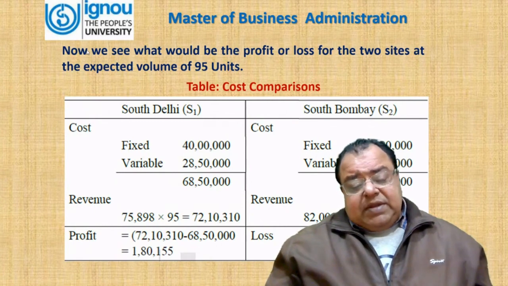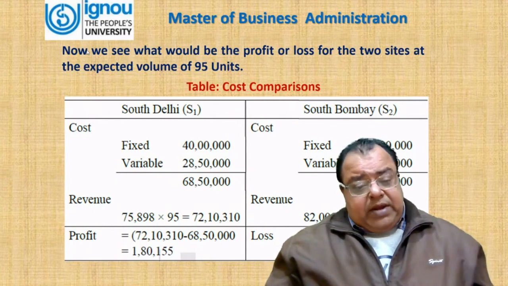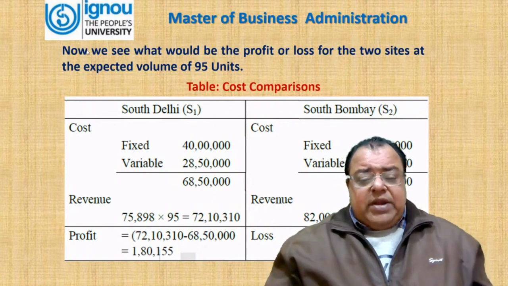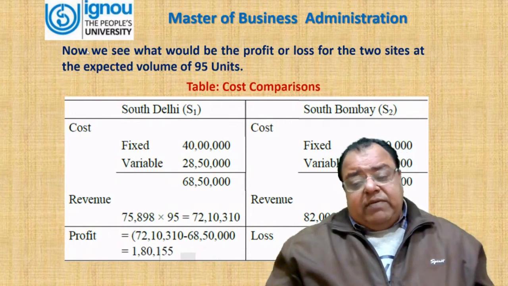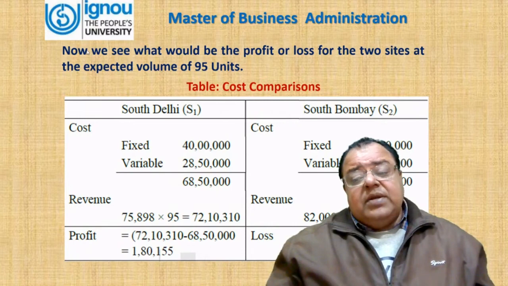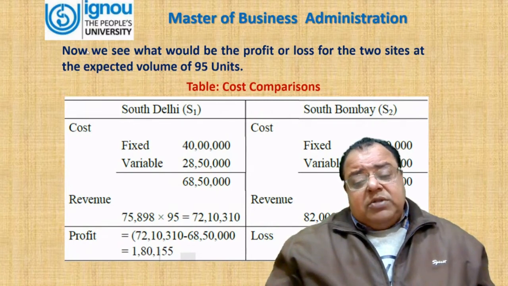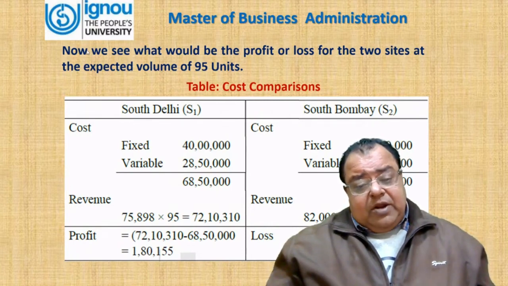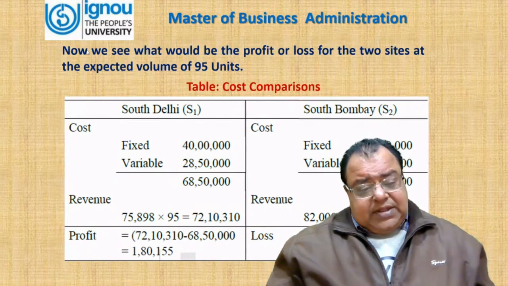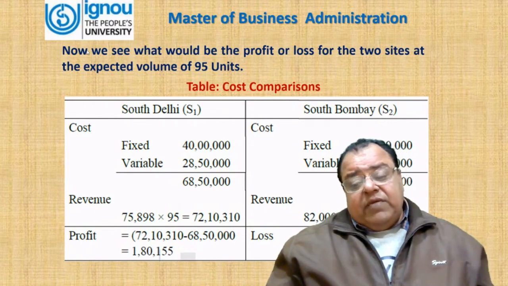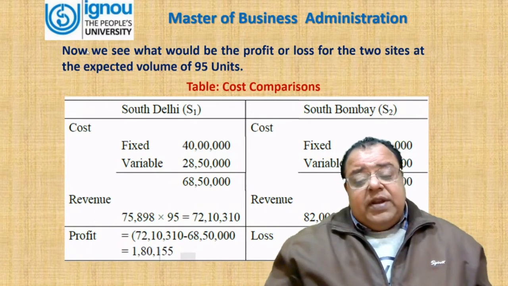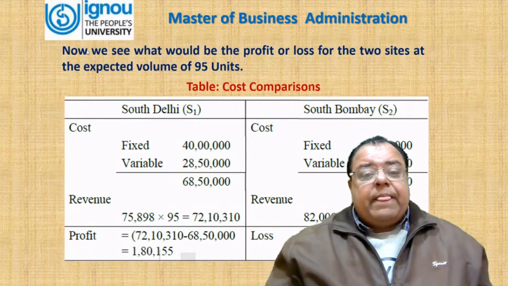Revenue is 75,898 into 95, which comes out to be 72 lakhs 10,310. And similarly, the revenue for Mumbai comes out to be 77 lakhs 90,000. If we talk about the profit and loss, here we can see that for Delhi, we have a profit of 1 lakh 80,000, whereas for Bombay, we have a loss of 4 lakh 90,000.